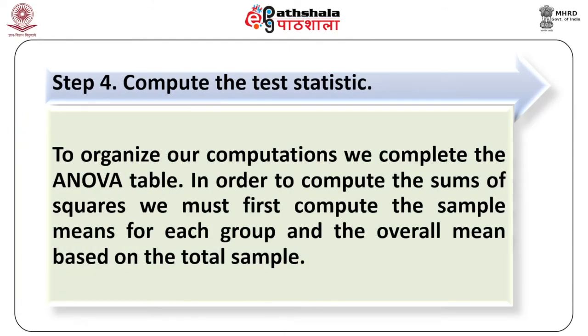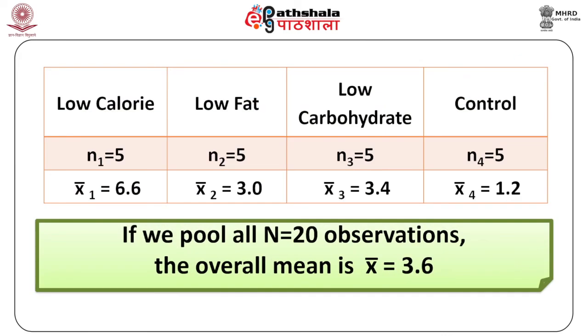Step 4. Compute the test statistic. To organize our computations, we complete the ANOVA table. In order to compute the sums of squares, we must first compute the sample means for each group and the overall mean based on the total sample. For low calorie, we have n1 equals 5 and x bar 1 equals 6.6.